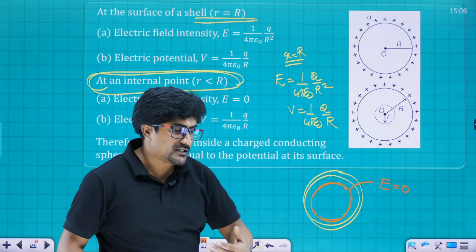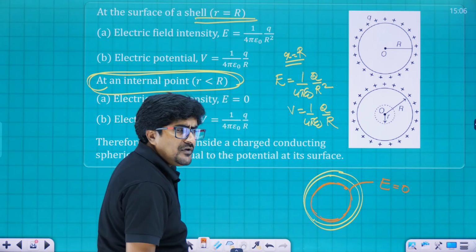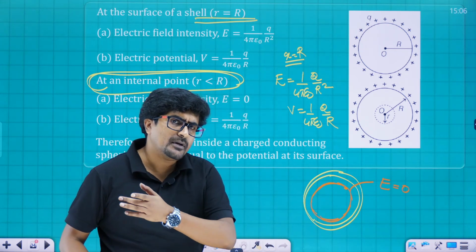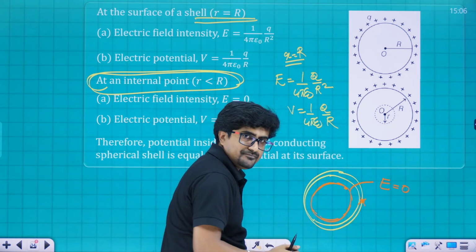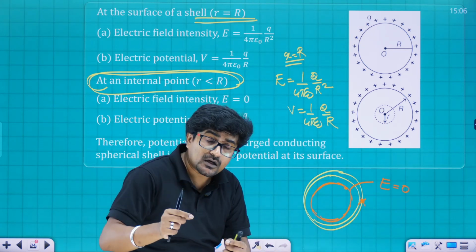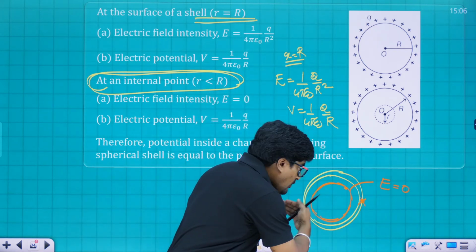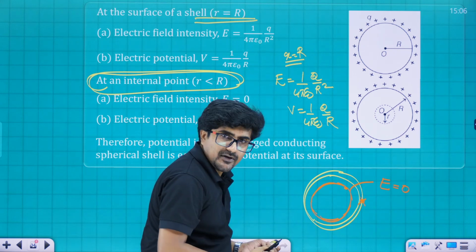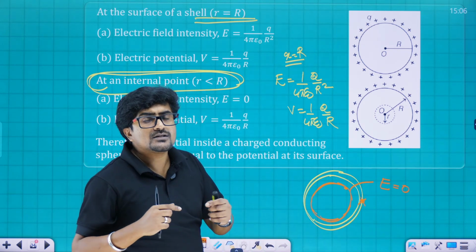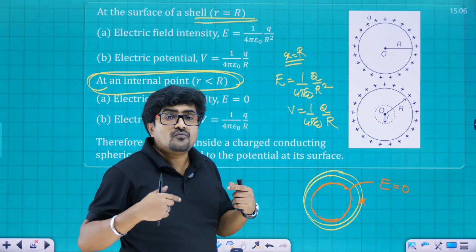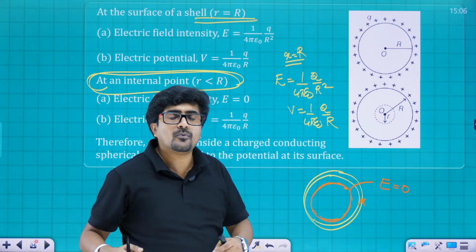Now, while calculating the electric potential at any point inside the shell, we were consistently doing work to bring that charge Q from infinity till this point. We were doing work because we were experiencing some force. Once we cross this particular surface and enter any point inside the shell, there is no electric field, which means we need not spend any more energy because there is nobody to oppose our motion.